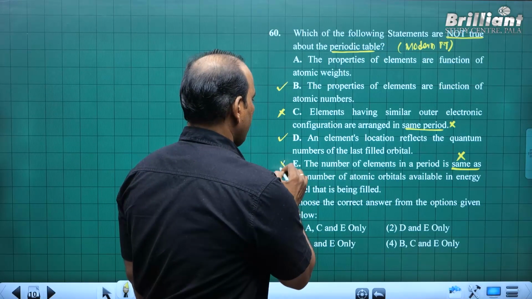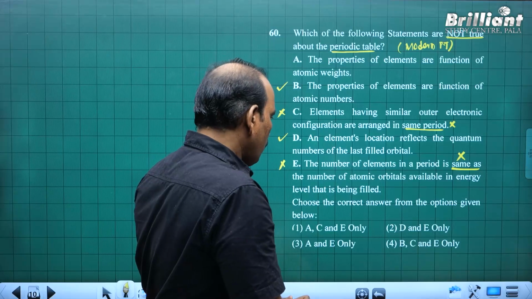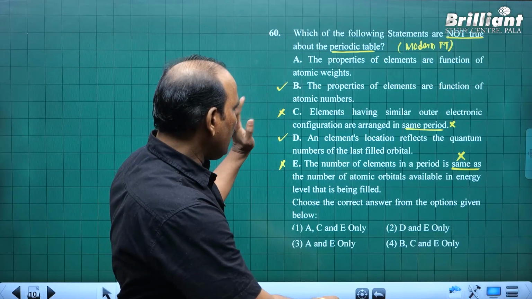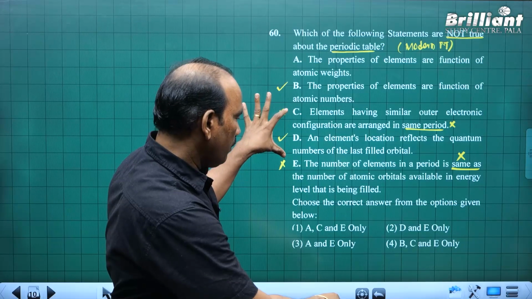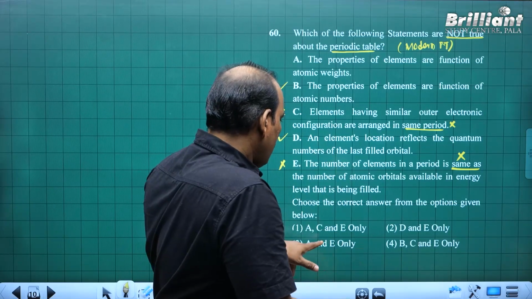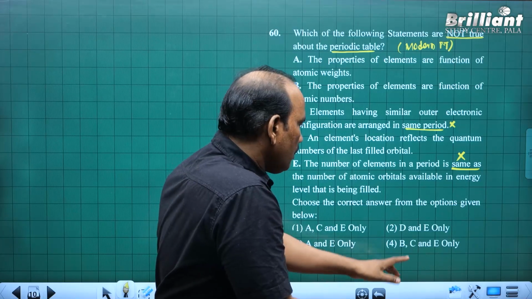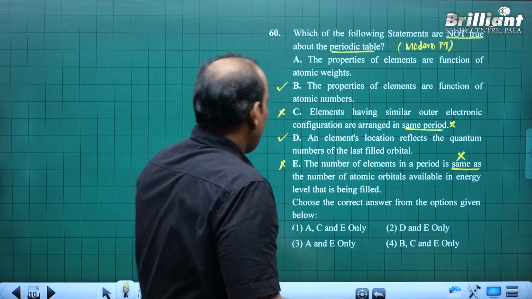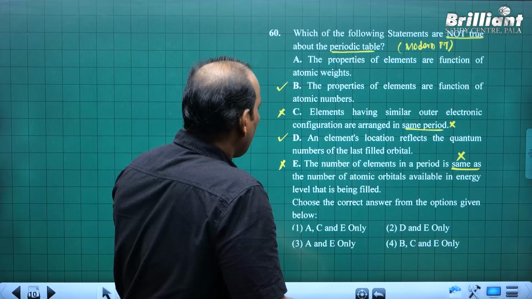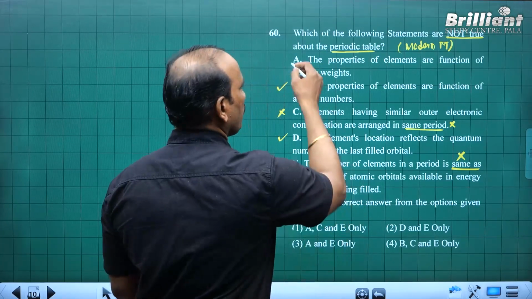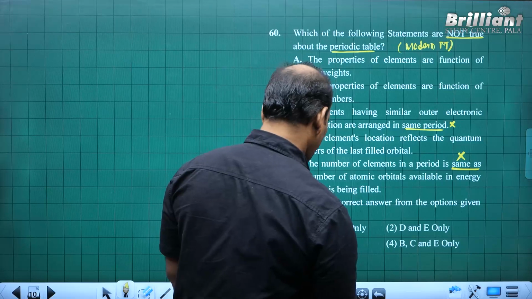So in this one, what are the possibilities? Here C is wrong. Next one is C and E. One more, D is correct. That's why, including this one, this is the option.